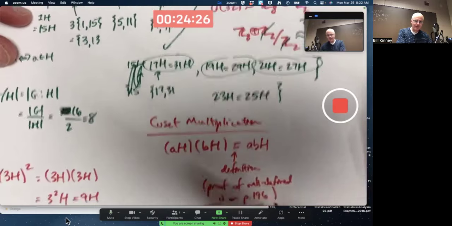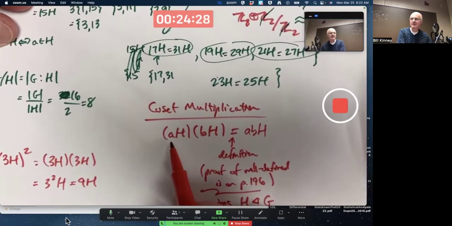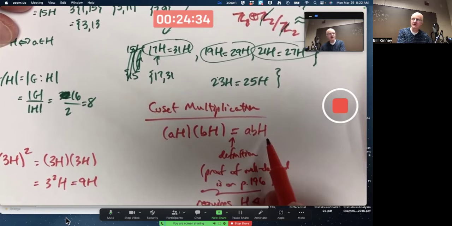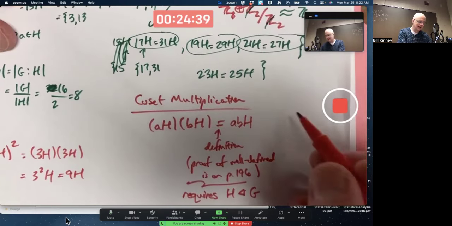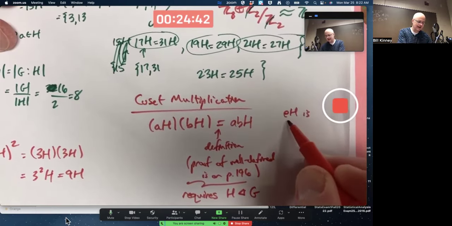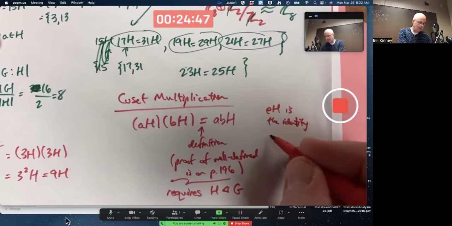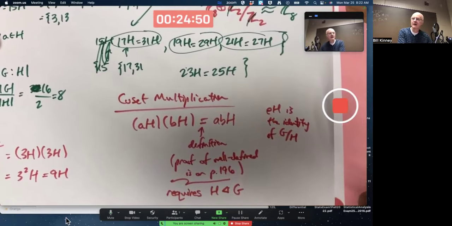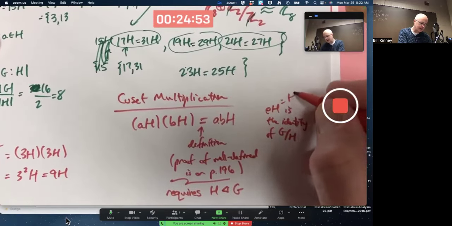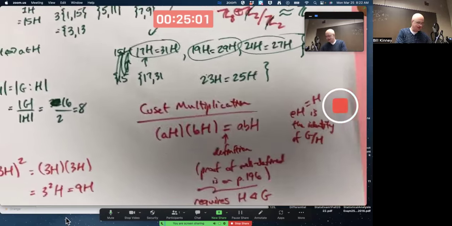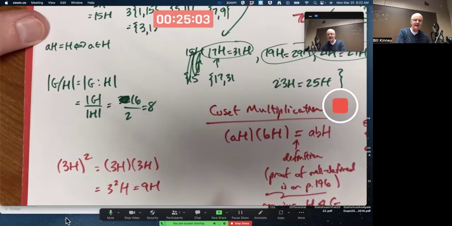Think about it. If I replace that A with an E, where E is the identity of G, EH times BH would be E times B times H, BH. EH is the identity of what? Of the factor group. And EH does equal H because H is a subgroup of G, and therefore E is in H. So does this thing 9H equal the identity?